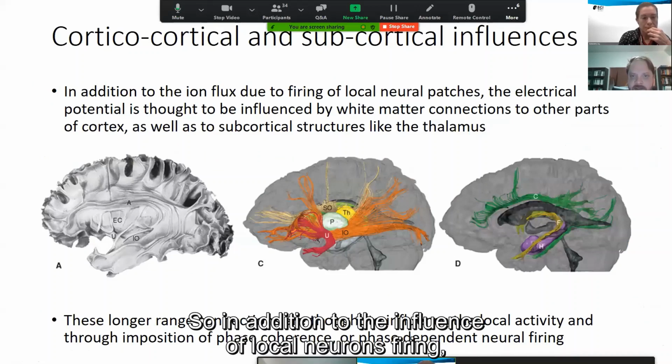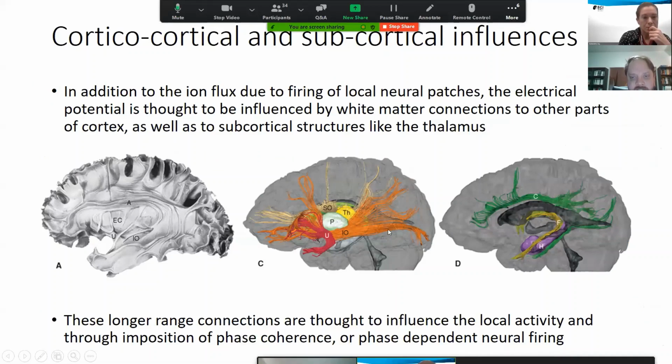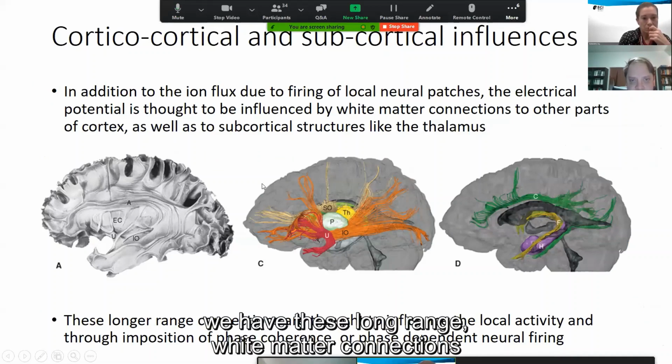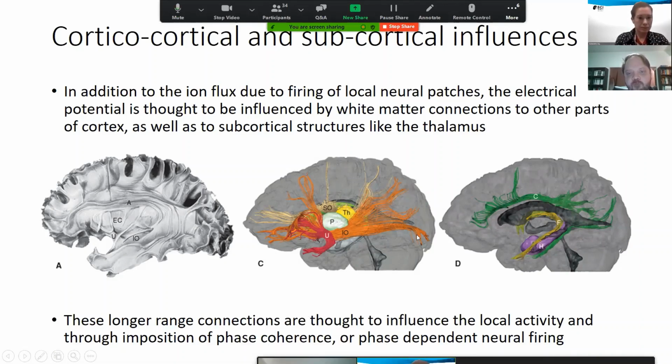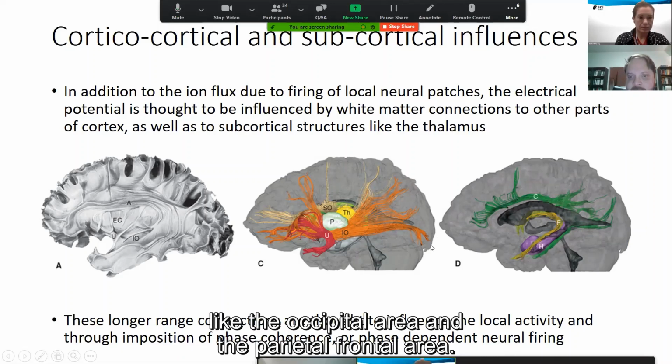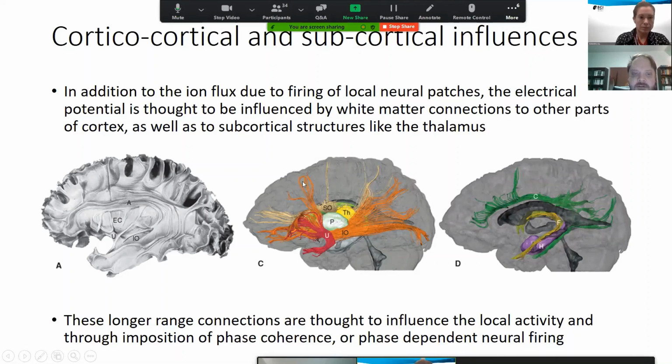So in addition to the influence of the local neurons firing, we have these long-range white matter connections, which connect, say, the frontal and the parietal regions, and also they connect subcortical regions like the thalamus to various regions like the occipital area and the parietal, the frontal area.